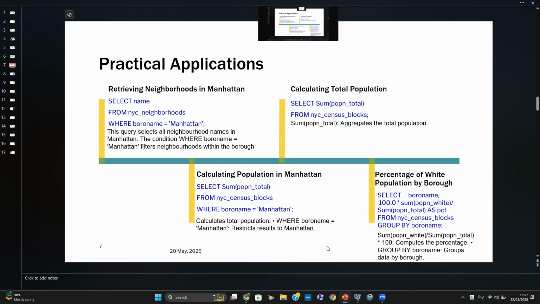And we looked at those earlier. And then we are calculating a percentage. So we're multiplying the total population of, in this case, the white, right, by 100, and then dividing that by the overall population of New York City. And let's see what we have here.